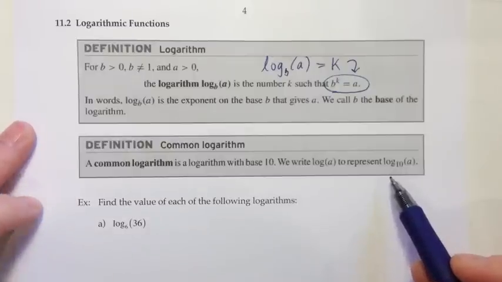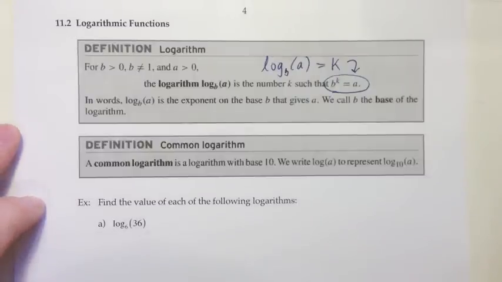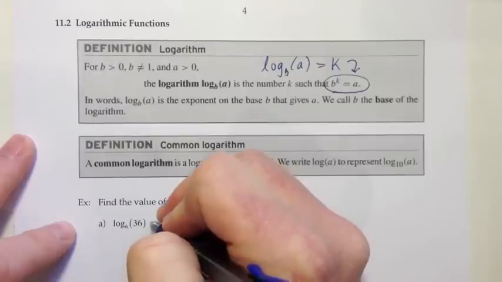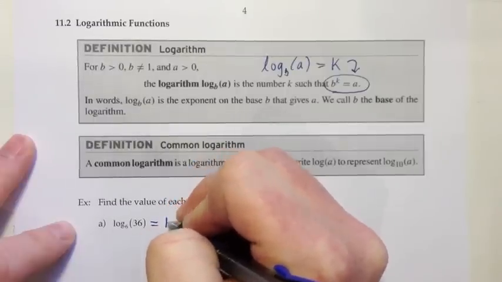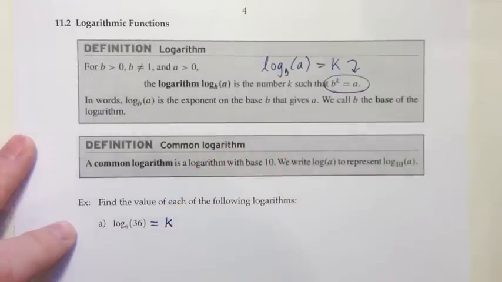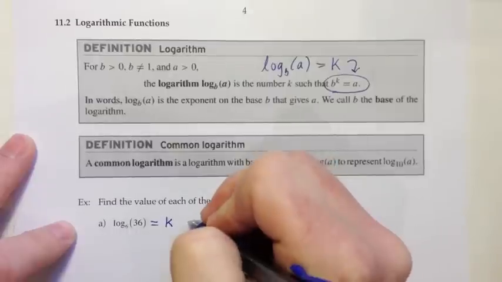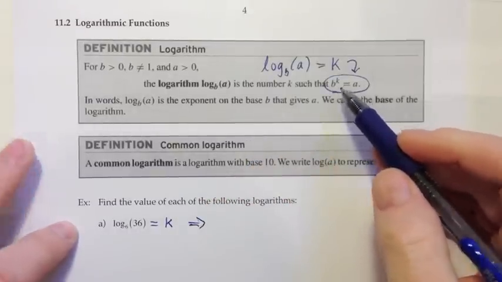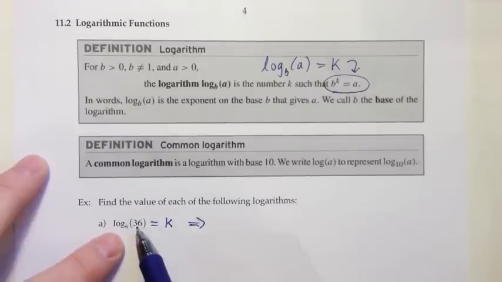Alright, so let's keep both of those facts in mind and look at this problem right here for the log base 6 of 36. So what I would do on that, just like it's set up in the definition, I would say, I'm not sure what that is, so I'm going to call it k for the moment. And then according to what we saw here, that k would be the exponent you would have to put on this base to get that answer.